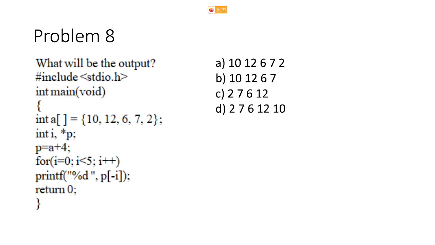Okay, next question is, what will be the output of this program? You have A, an array of integers. This is how you have initialized it: 10, 12, 6, 7, 2. Then I is an integer, P is a pointer to an integer, and then you have to look at the next statements and tell which is the correct option.